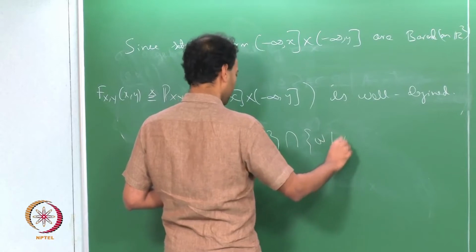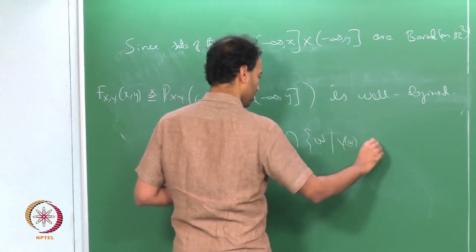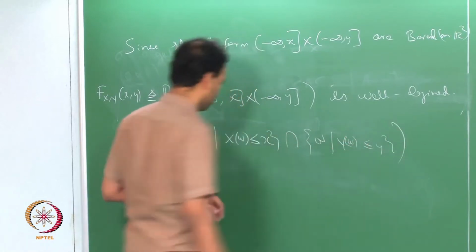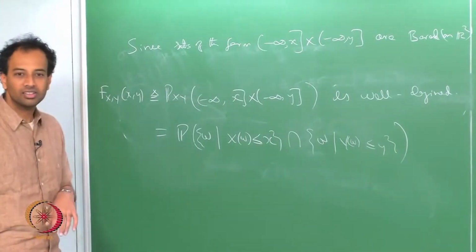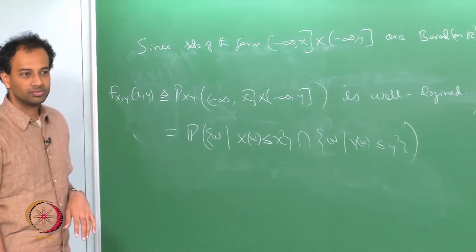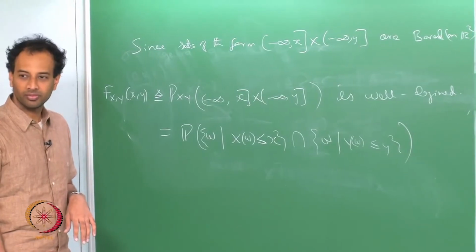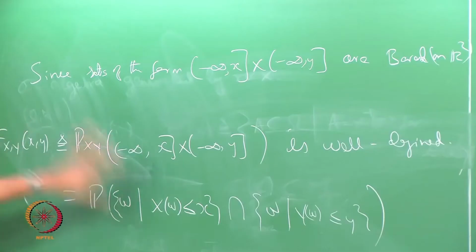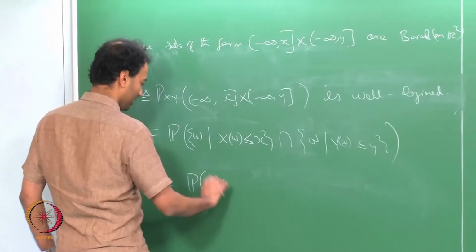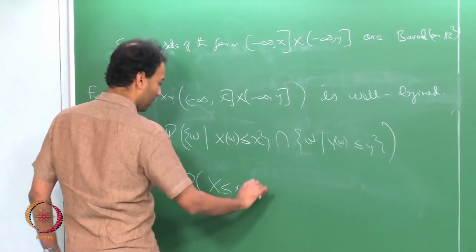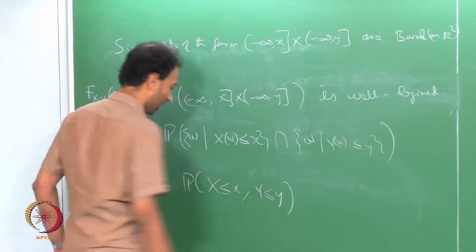But this is abbreviated as probability of X less than or equal to x comma Y less than or equal to y.